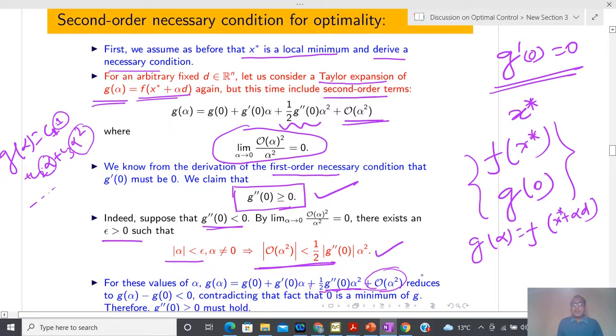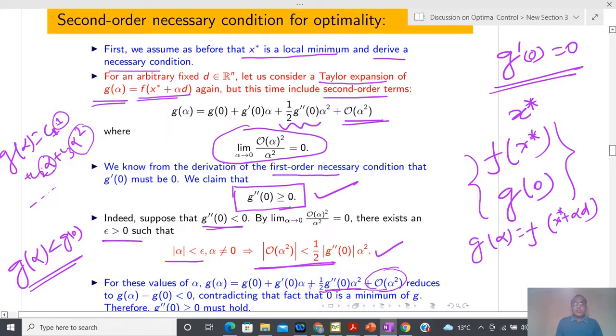And if I write it like this, g alpha less than g0, what does it mean? g0 is not a minimum, because the definition of minimum is, one can say it in the reverse way, that if g0 is the minimum, then for any alpha in some ball, all values should not be less than that.